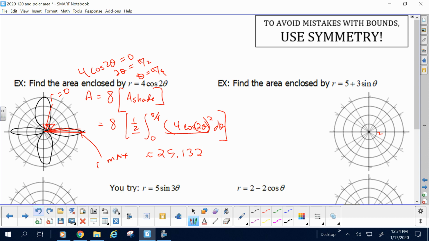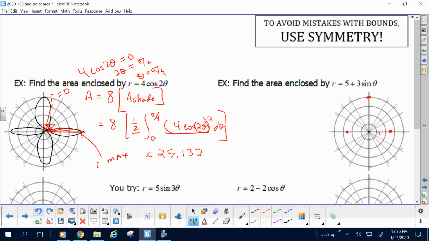So at 0, what is r? 5, because the sine is 0 there, all right? At pi over 2, what is r? 8. At pi, what is r? 5.